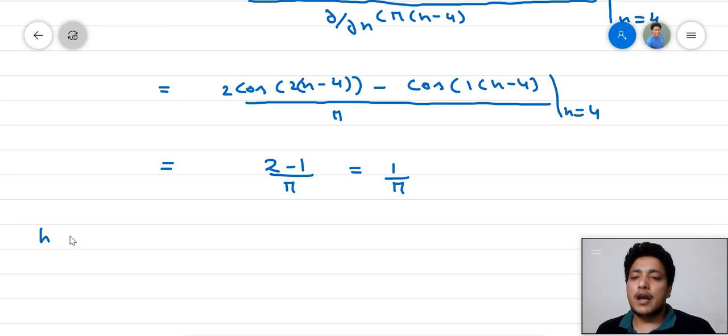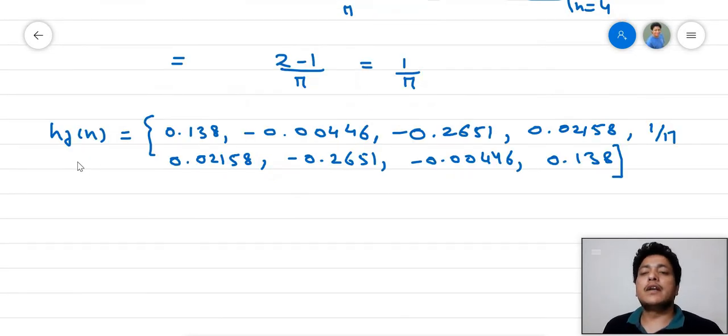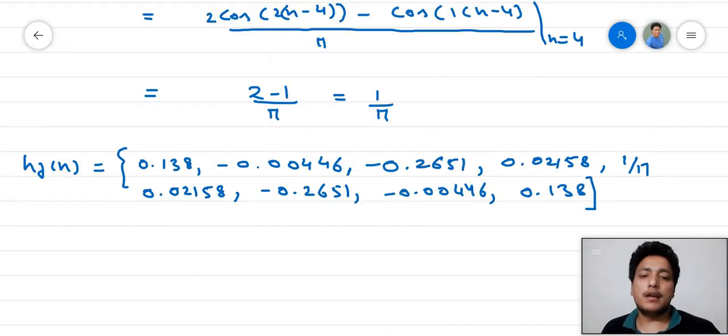So the ideal filter response h_d(n), which is actually from minus infinity to infinity, but we have found out only the 9 terms, that is 0.138, minus 0.00446, minus 0.2651, 0.02158, 1 by pi, 0.02158, minus 0.2651, minus 0.00446 and 0.138. 1 by pi can also be written as 0.318.